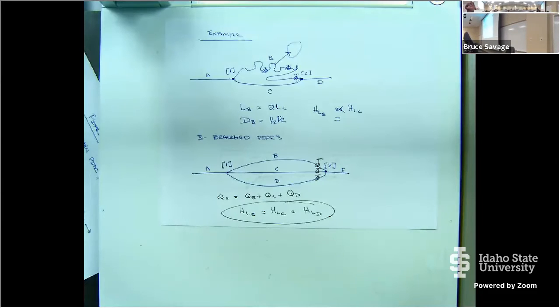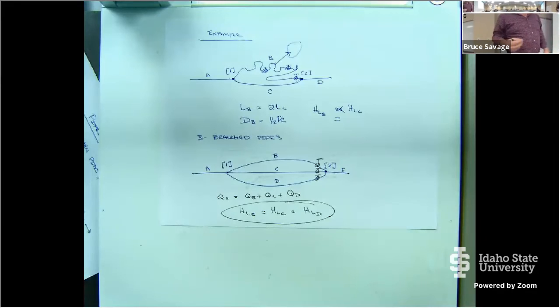So now we can take the concepts that we learned for single pipes, find the head loss, find the flow rate, find the size of the diameter, and apply them to this concept. Let me say that again.